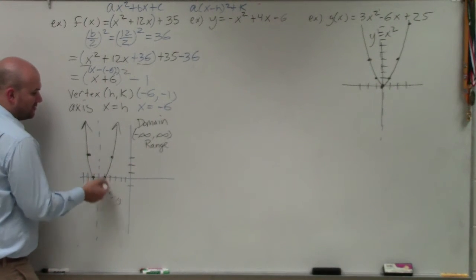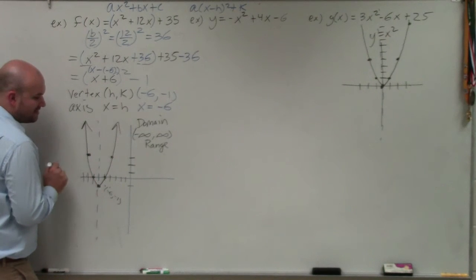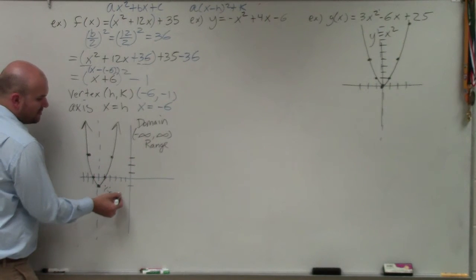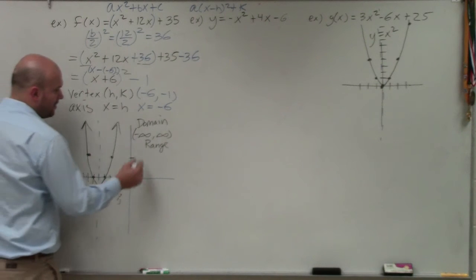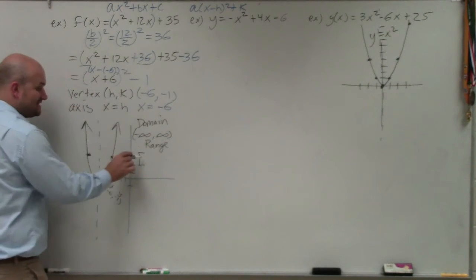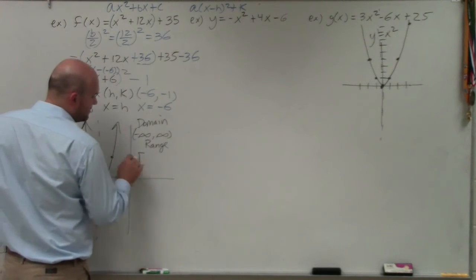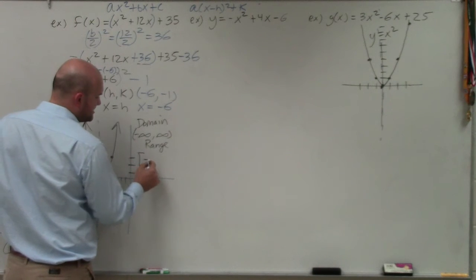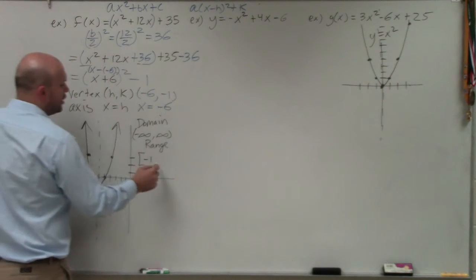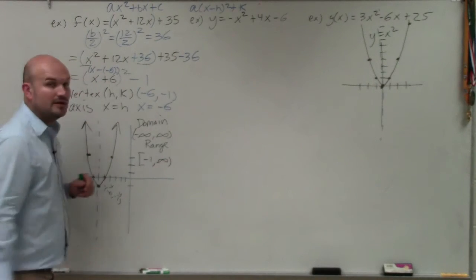Either the lowest point or the max point is always going to be at the vertex for a quadratic. So the lowest y coordinate is going to be negative 1. Since negative 1 is a point on my graph, I'm going to use a bracket instead of a parenthesis. So it's going to be negative 1 going all the way up to infinity.